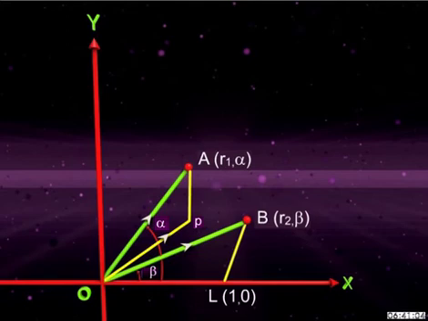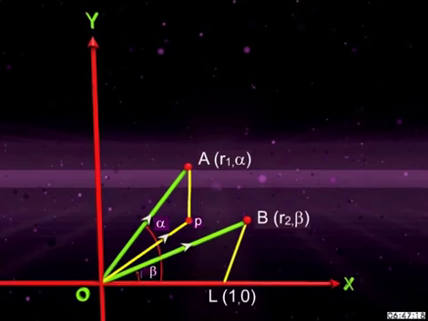Now draw a triangle OBL such that OL lying on the real axis has unit length. Also construct another triangle OAP similar to this triangle such that angle POA is equal to beta, and OA and OB are the corresponding sides of these triangles.